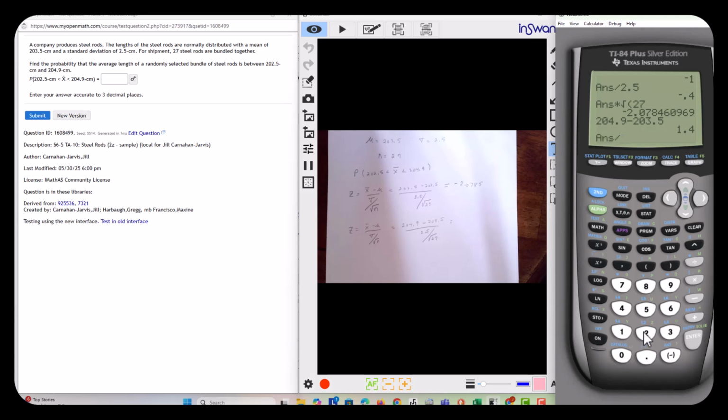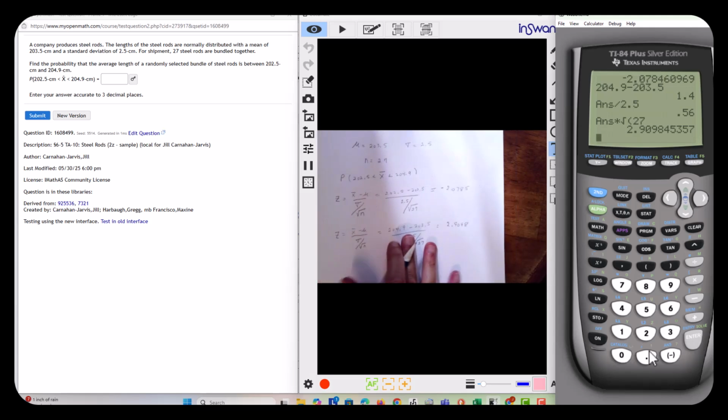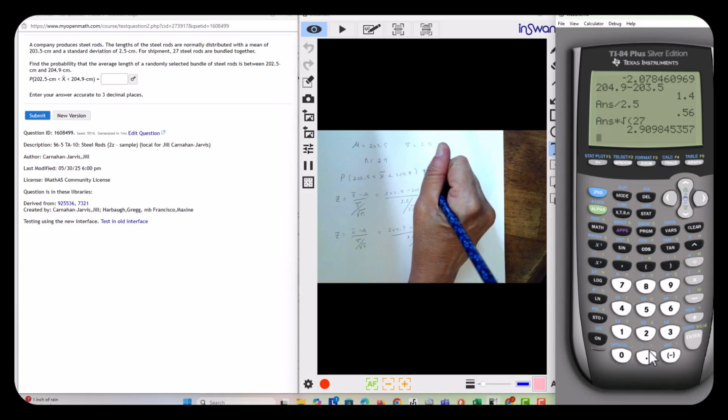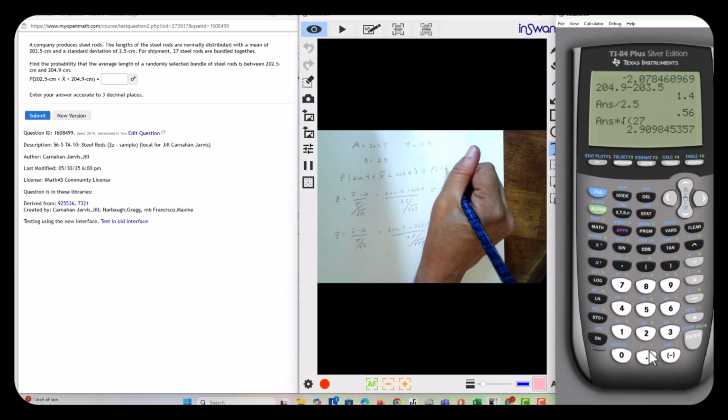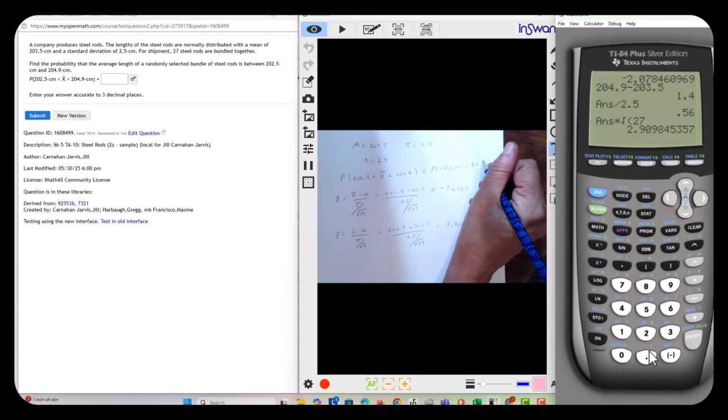Divide that by 2.5 and multiply that by the square root of 27. 2.9098. So I'll rewrite this probability statement as the probability that, do your z-score here, negative 2.0785 is less than z is less than 2.9098.